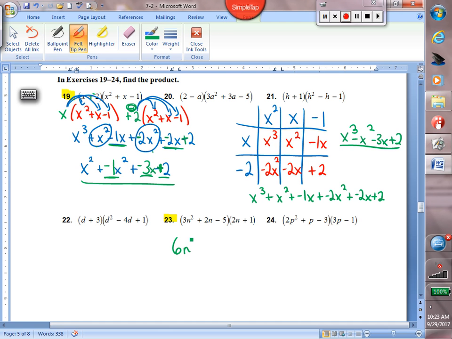So we should end up with a 6n to the third plus 3n squared plus 4n squared plus 2n minus 10n minus 5. If we combine our like terms, 6n to the third plus 7n squared minus 8n minus 5.